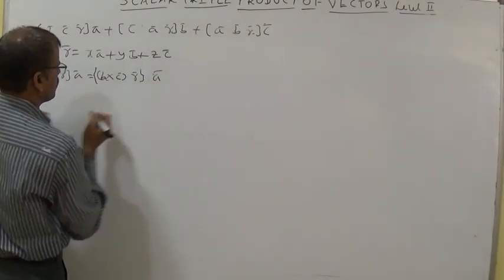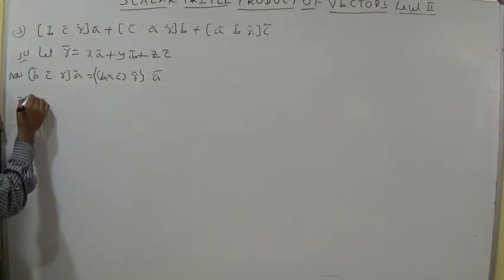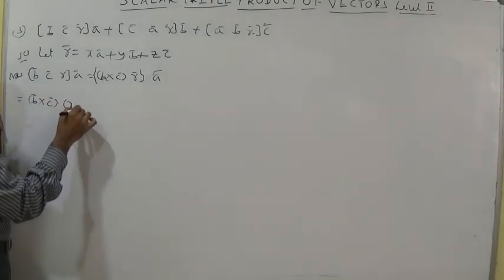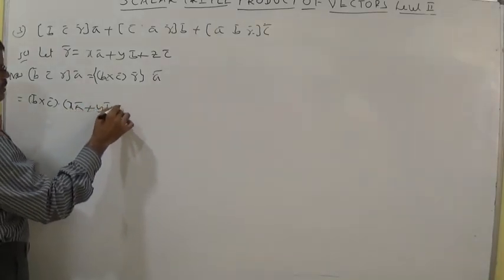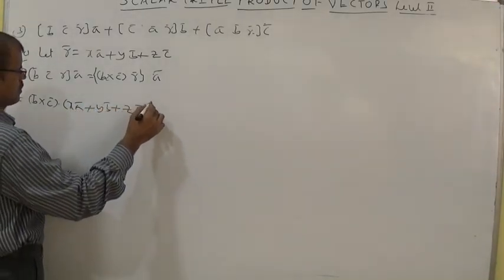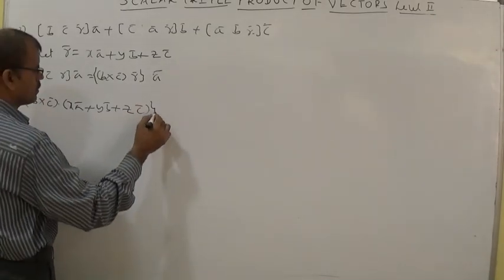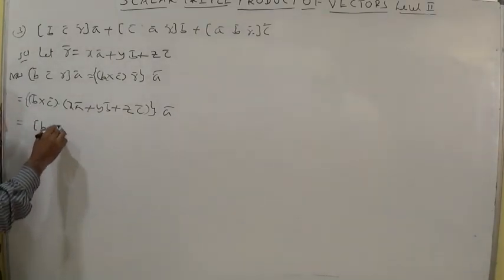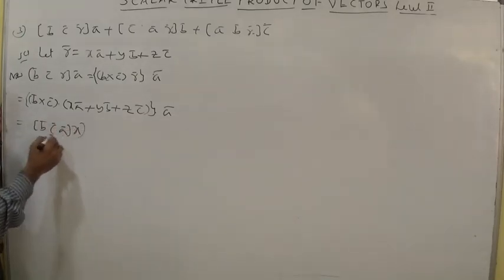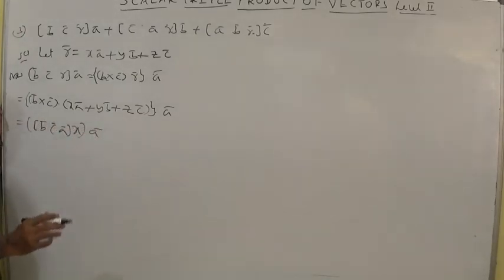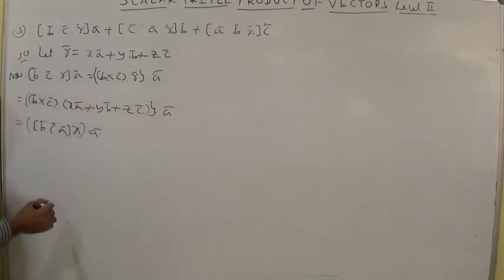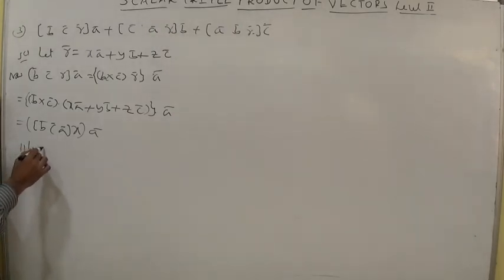Writing R as XA bar plus YB bar plus ZC bar in brackets, this gives box BCA into X into A bar, because B cross B is 0 and C cross C is 0, so those terms vanish.